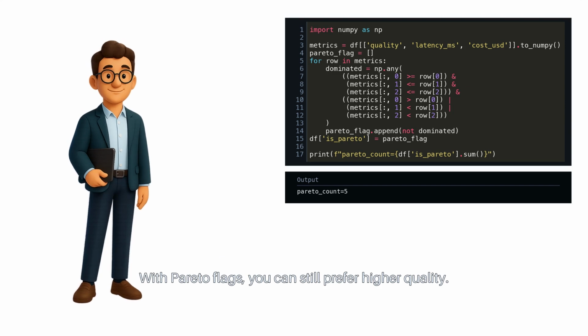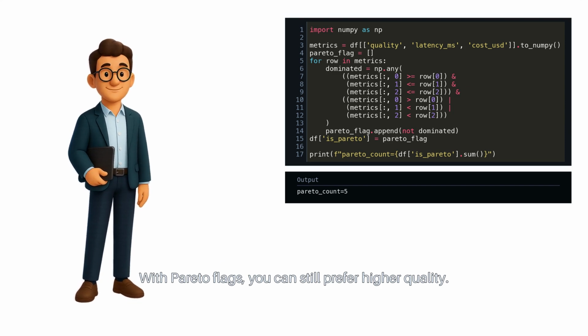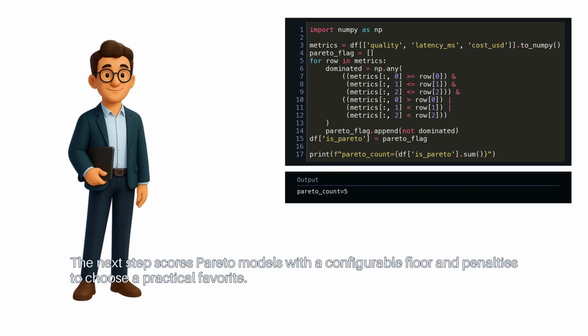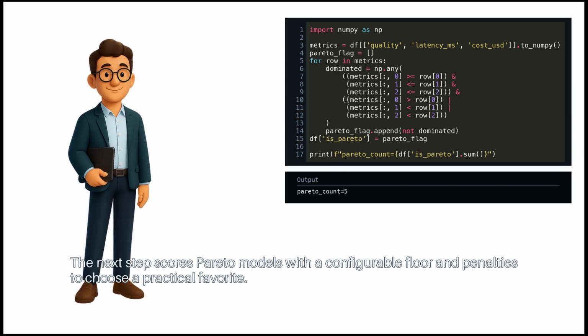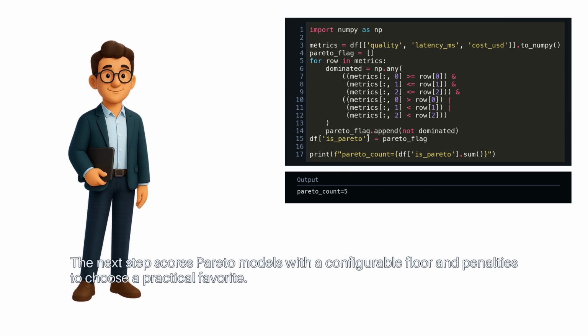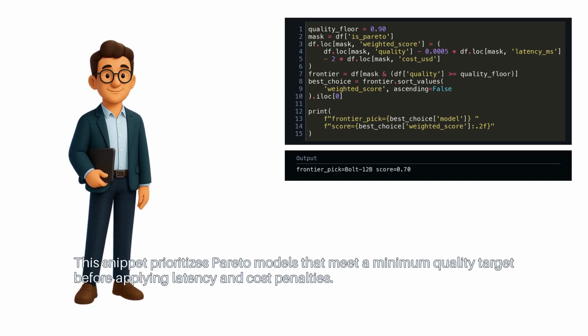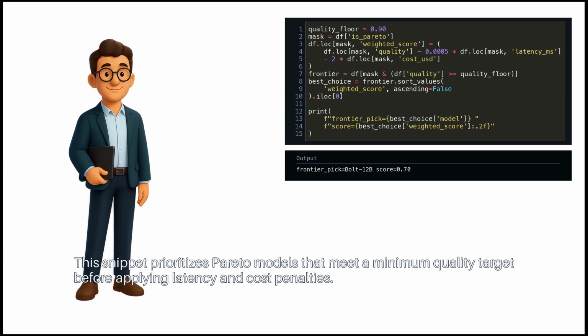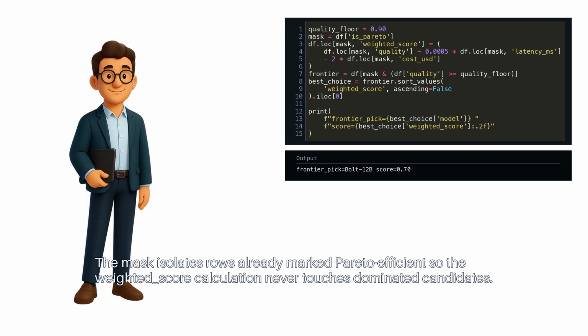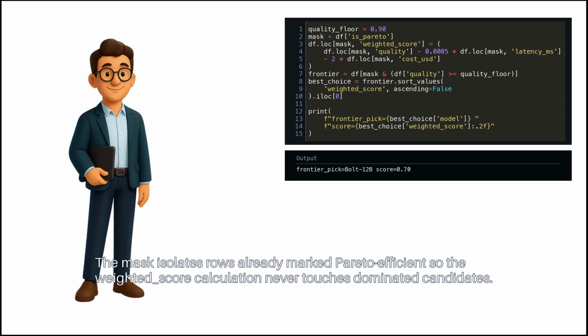With Pareto flags, you can still prefer higher quality. The next step scores Pareto models with a configurable floor and penalties to choose a practical favorite. This snippet prioritizes Pareto models that meet a minimum quality target before applying latency and cost penalties. The mask isolates rows already marked Pareto-efficient, so the weighted score calculation never touches dominated candidates.